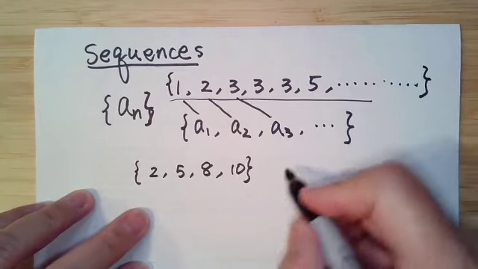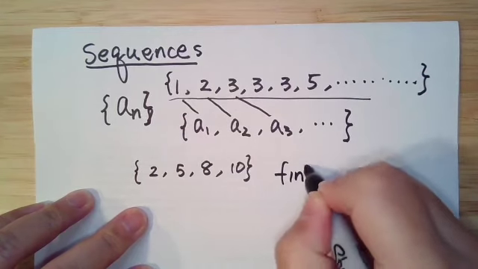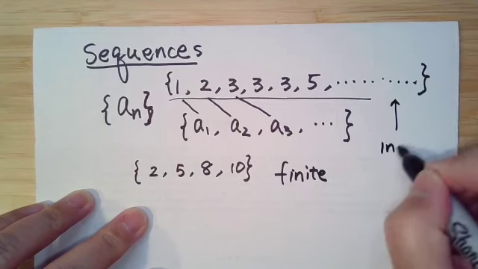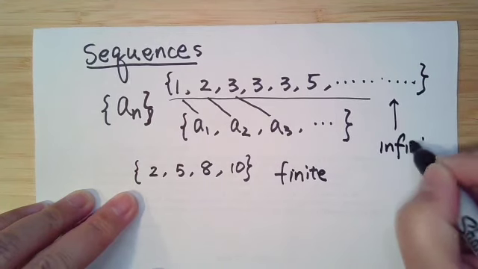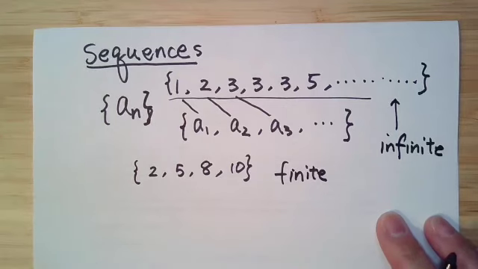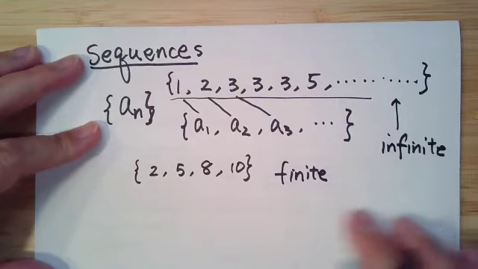So it's very obvious: either finite or infinite. Those are the two types of sequences, depending on whether there's a limited number of terms or infinitely many numbers in the sequence.